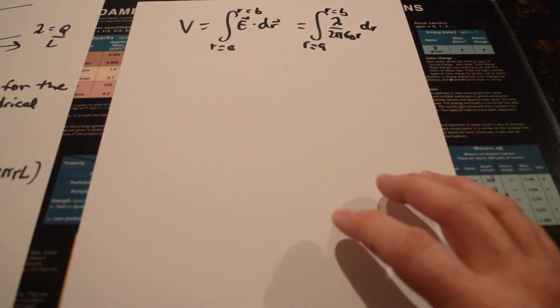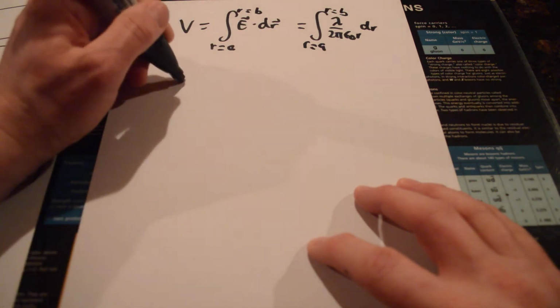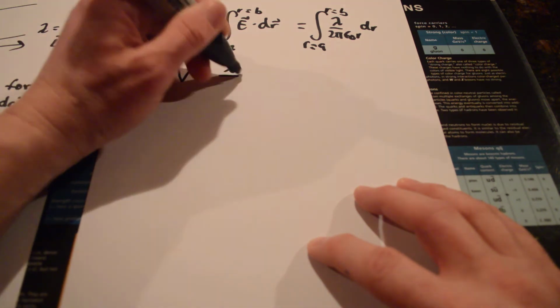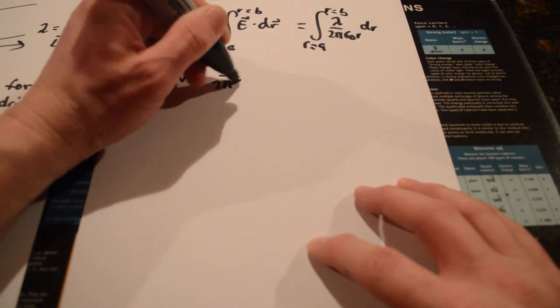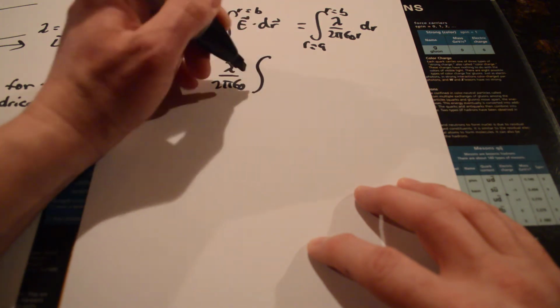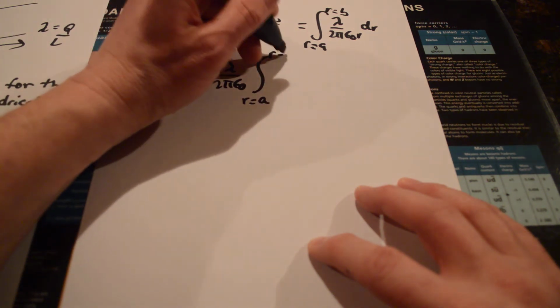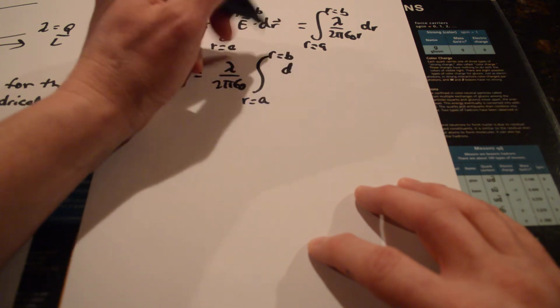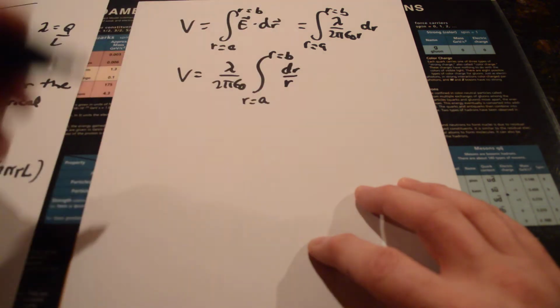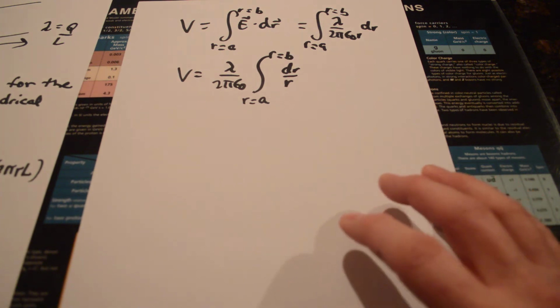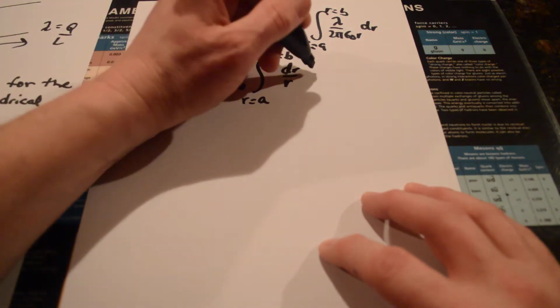If we pull out the things that are constant, lambda, 2 pi, epsilon naught, and then integrate from r equals A to r equals B, you get dr over r, which, if you remember correctly, is just the natural log.